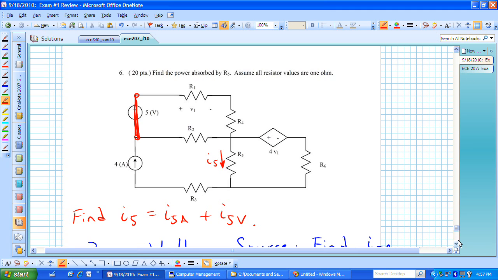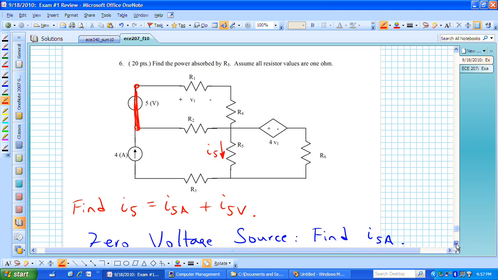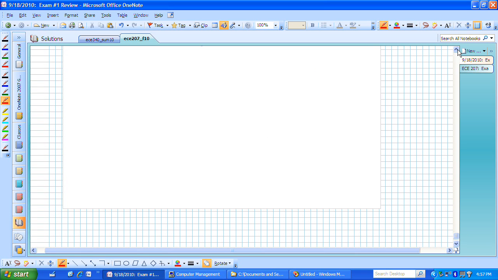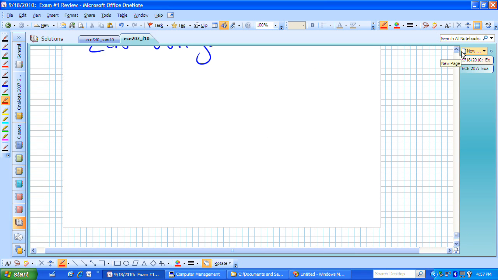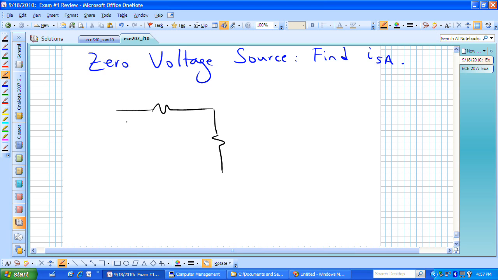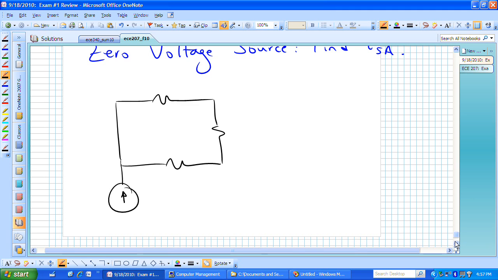Let's now redraw that circuit for this configuration and analyze that relative to a zeroed voltage source. What we have then is we still have the same circuit topology or structure. It's just we've now replaced that voltage source with a wire.